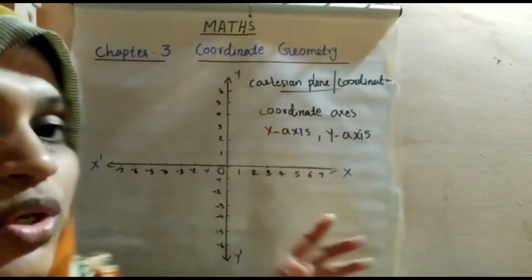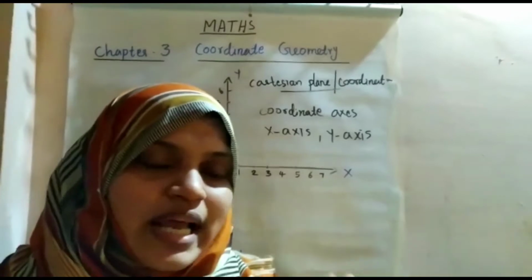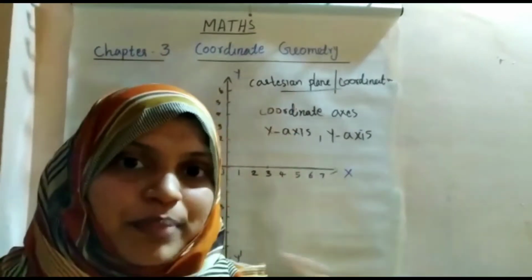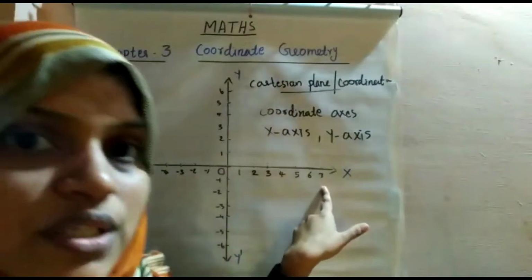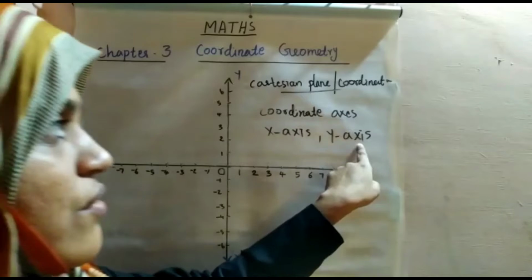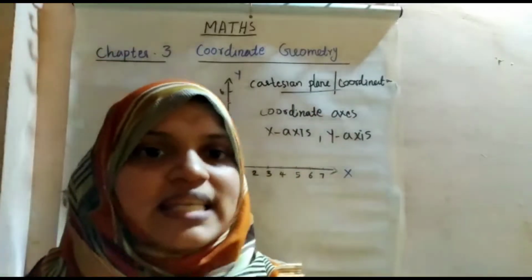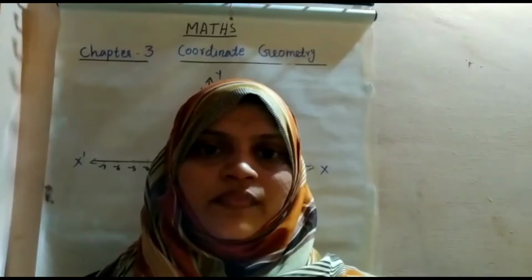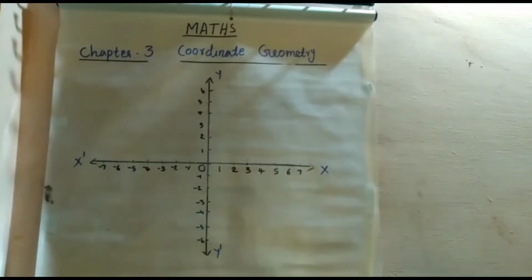To locate the position of a point or an object, we need two perpendicular lines, a vertical line and a horizontal line. The horizontal line is called the x-axis, the vertical line is called the y-axis, and these two axes together are called coordinate axes. Clear?